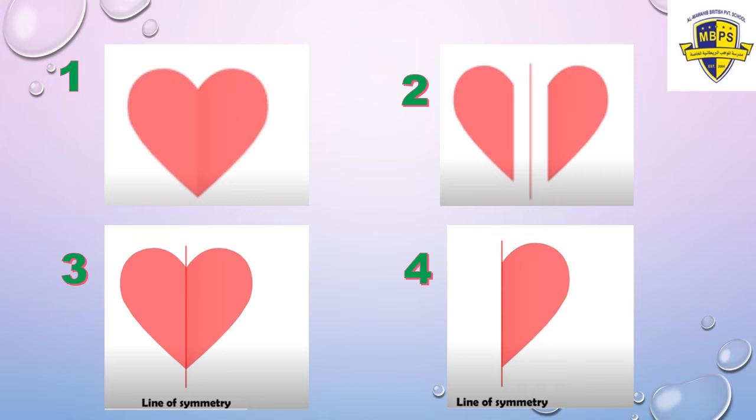Now from the line of symmetry, the heart is folded and you can see that both the sides overlap each other and they are the same. So the line of symmetry is drawn in such a way that both the sides are mirror images. That means they are the same on both the sides.